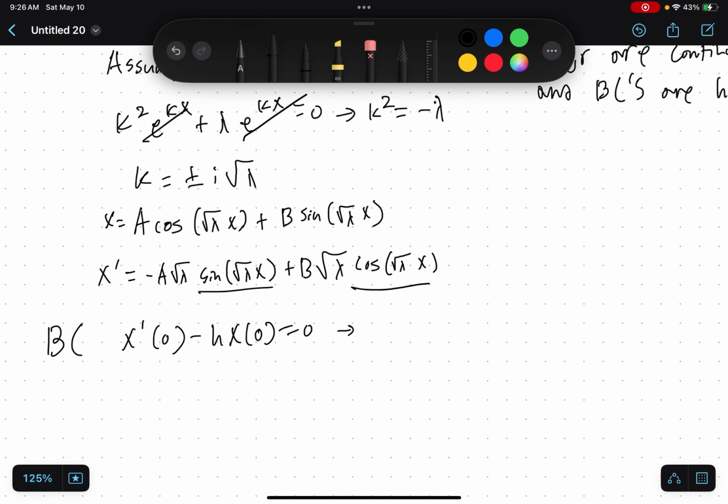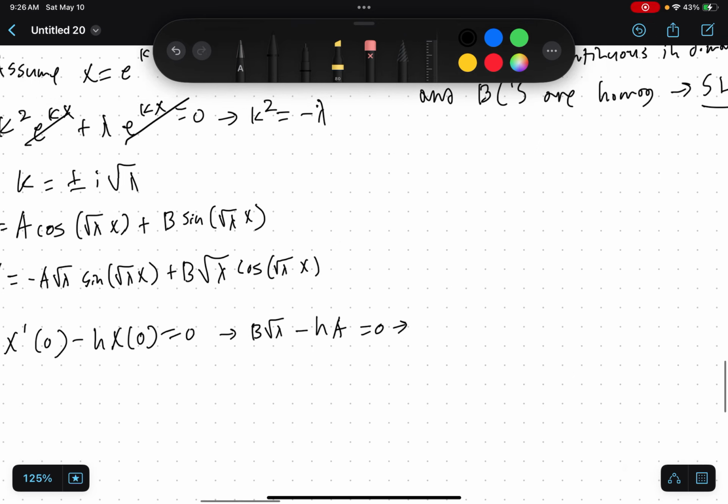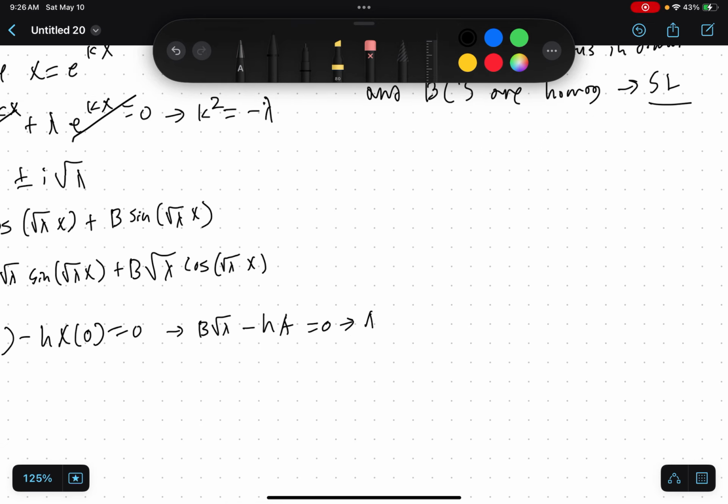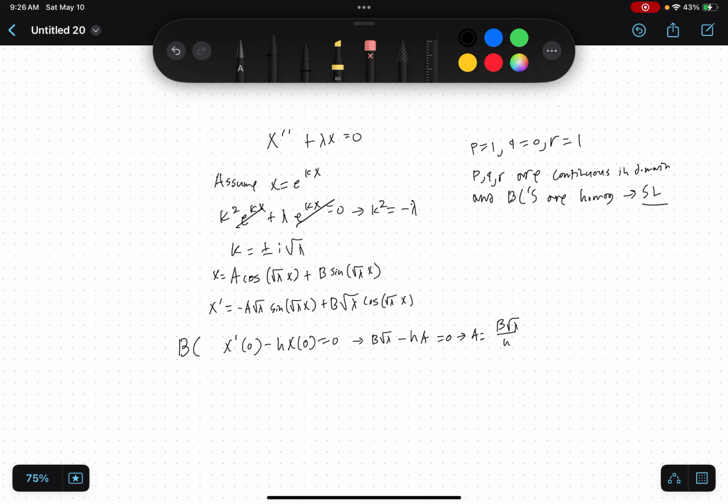So go to 0, this will go to 1. So go to 1, that'll go to 0. Is that right? Yep. Cool.